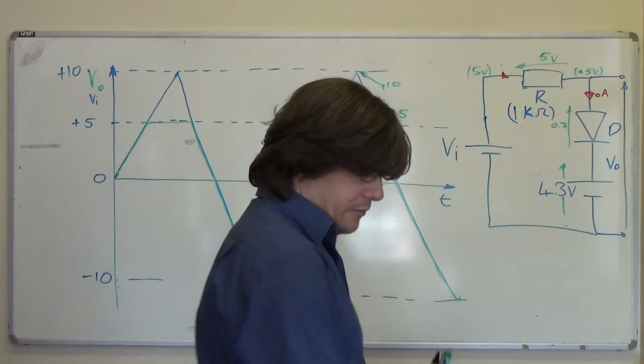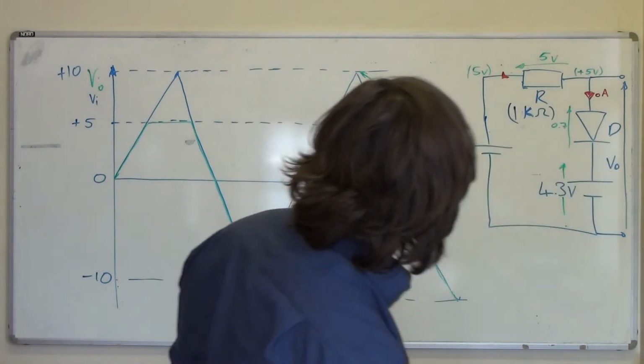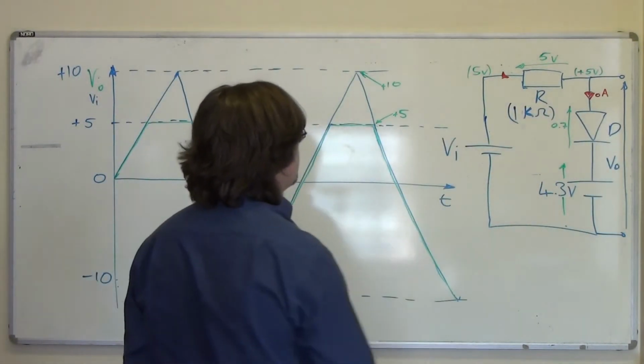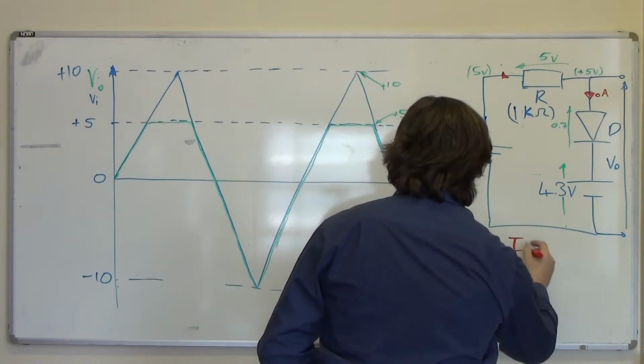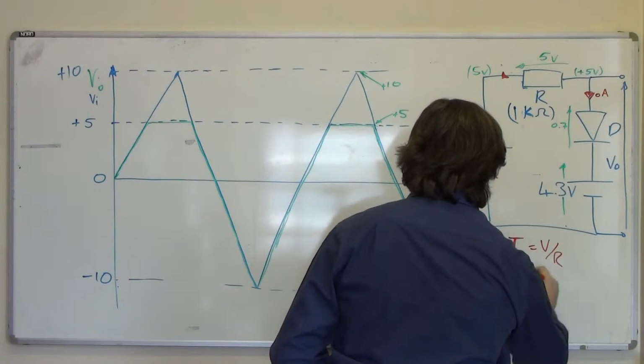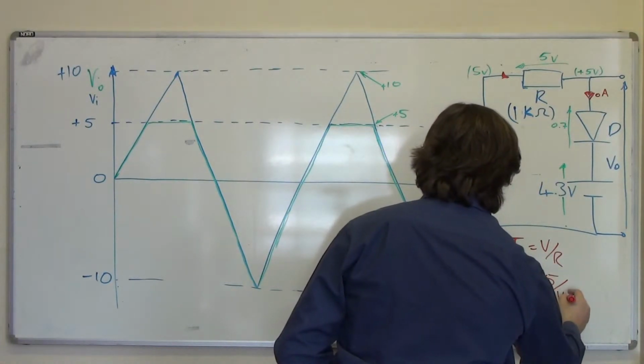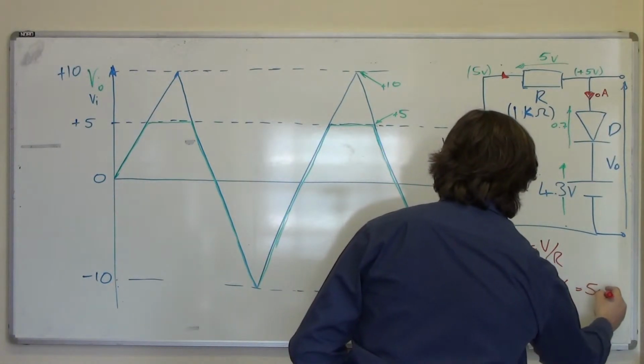So we can work out exactly what the current's going to be, because we know we've got 5 volts across it, so we'll just use Ohm's law. I is V over R, 5 over 1k is 5 milliamps.